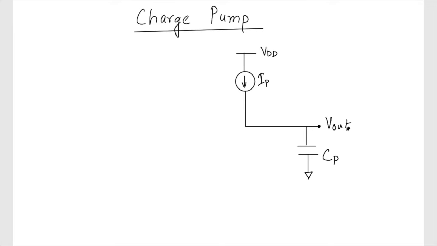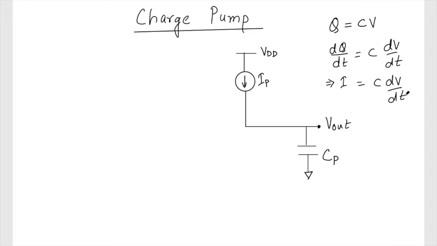Okay, so we know that the charge stored in a capacitor, Q, is equal to C times V, and if I differentiate Q with respect to t, dQ by dt is nothing but the current I, and this is C dV by dt.